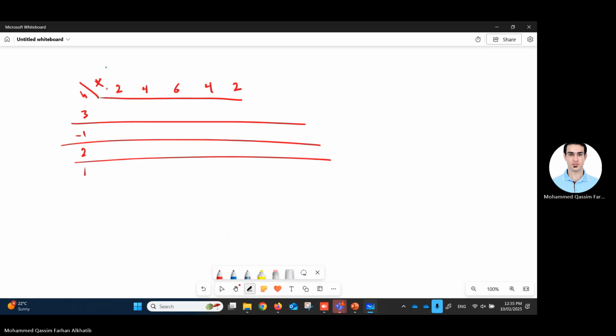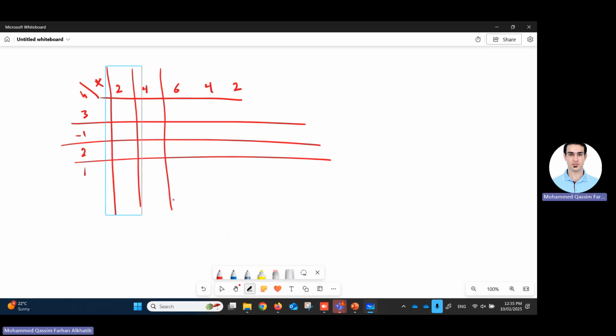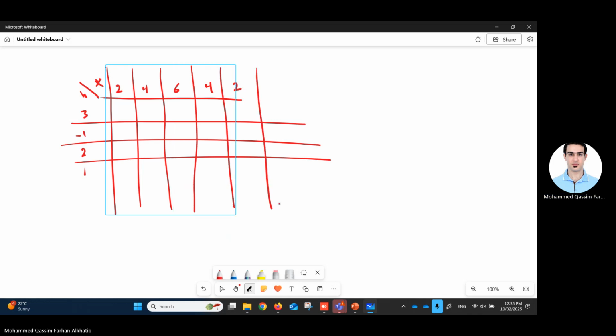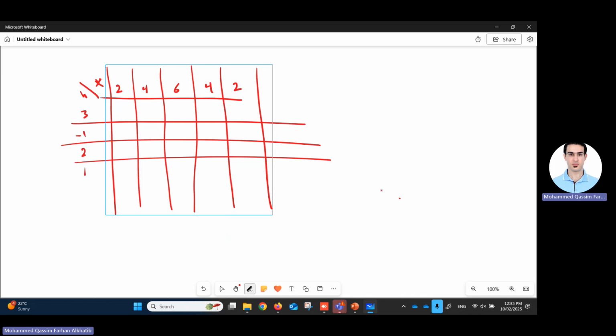And you just multiply. All right, so 2 times 3, that is 6. You just multiply each element.